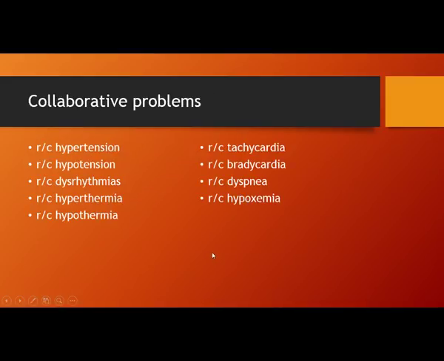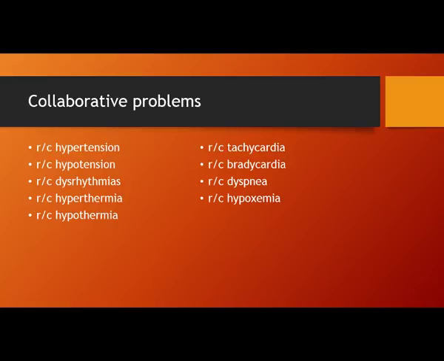Many of the problems we detect with vital signs are going to be collaborative problems. Some of them might be emergency referrals, but remember the difference between a collaborative problem and a referral is that in a collaborative problem the nurse is still going to play a role, but needs input from another professional, whereas with a referral the nurse is basically handing the problem off and not anticipating continuing to be involved.